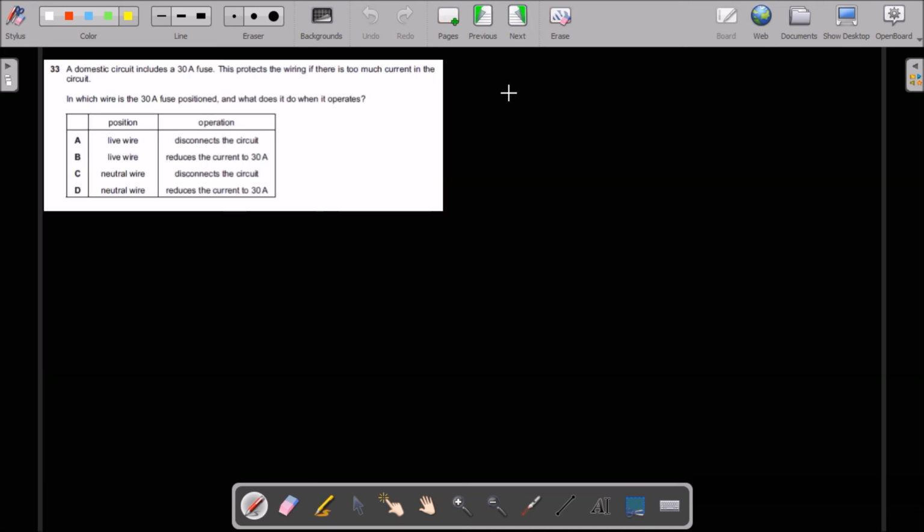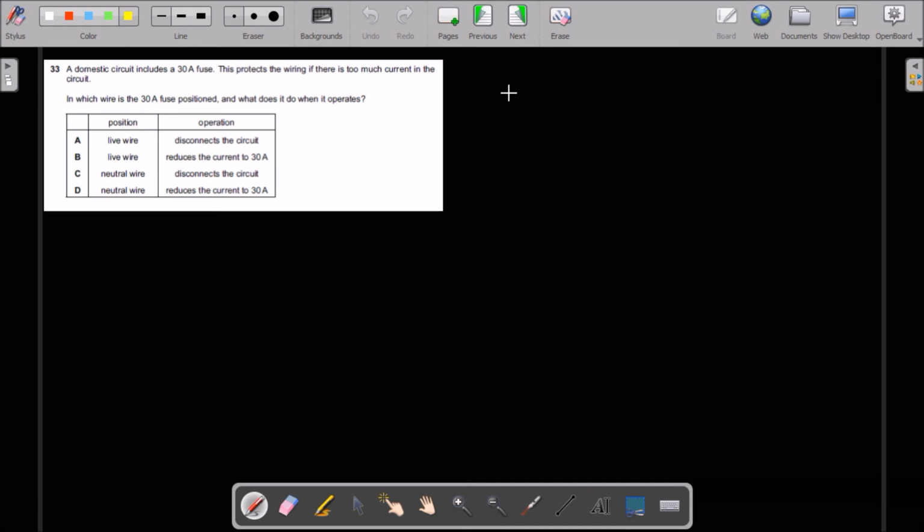Question 33. The domestic circuit includes a 30 amp fuse. This protects the wiring if there is too much current in the circuit. In which wire is the 30 amp fuse positioned, and what does it do when it operates? We know that circuit breaker, fuse, and switch, all of them must be in live wire.